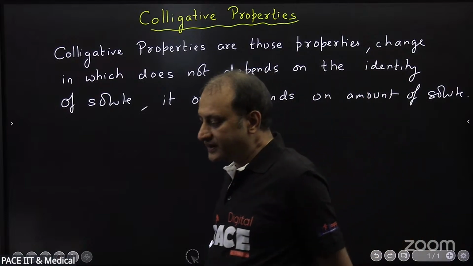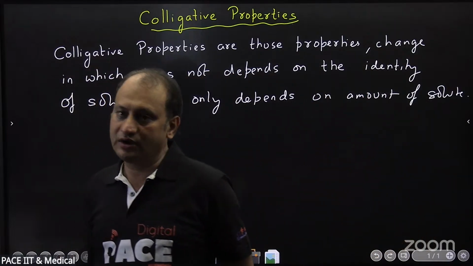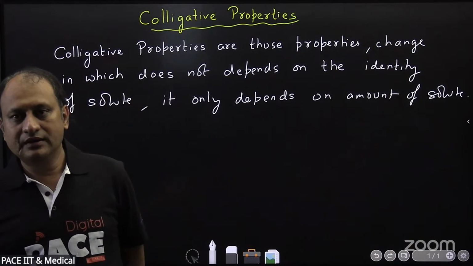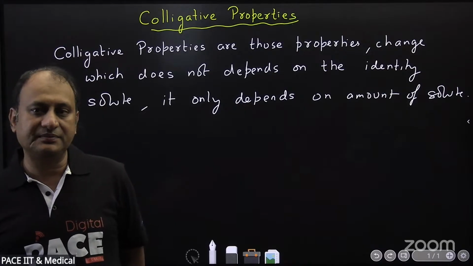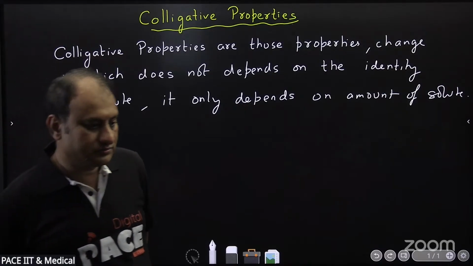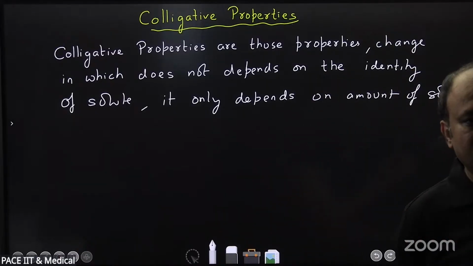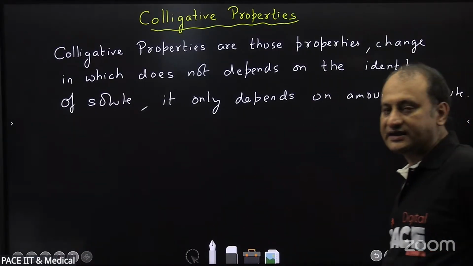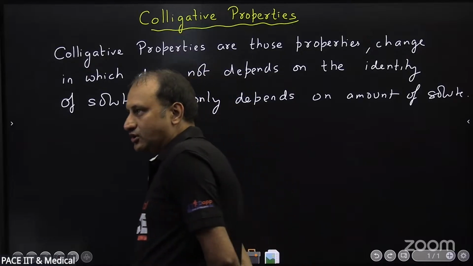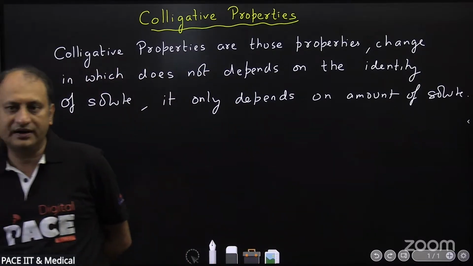So such a property we will not call as a colligative property because here the change is depending on the identity of solute. क्या solute है उस पे change depend कर रहा है. So it is not a colligative property.